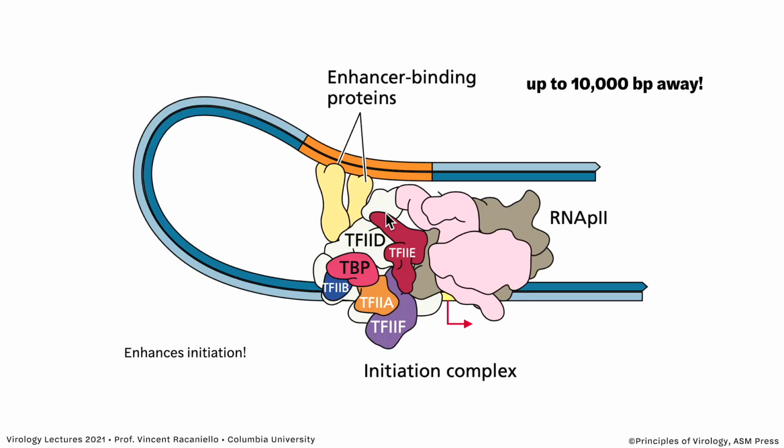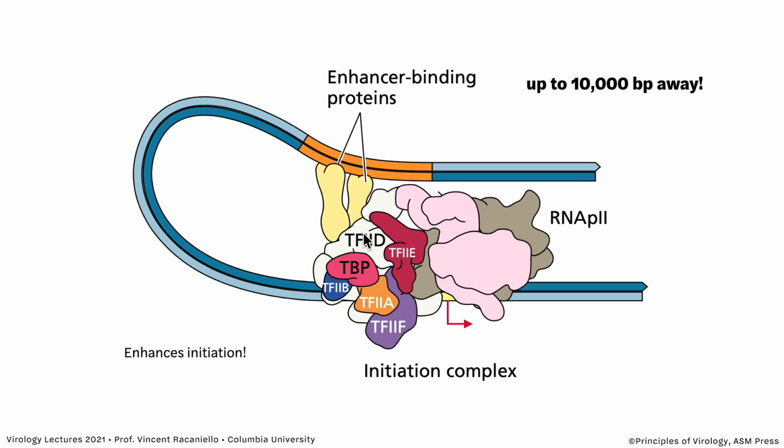Now, the enhancers work in an interesting way. Here's again the initiation complex with the polymerase and all the initiation proteins that are needed. An enhancer can be up to 10,000 bases away. And the way that works is to further help position these initiation proteins, the complex, if you will. So here are two enhancer binding proteins that bind this orange sequence.